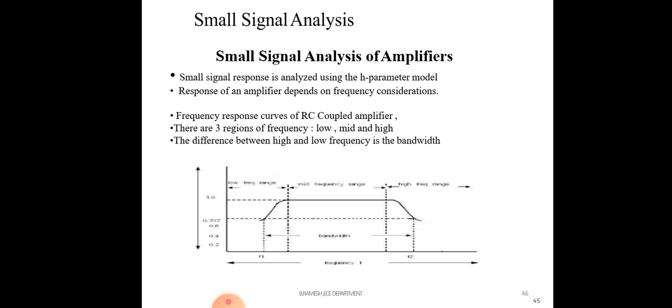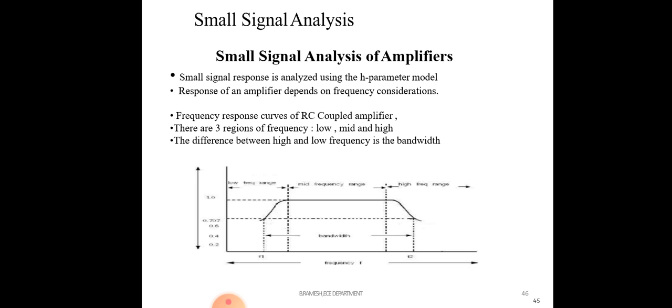When you apply a low signal or a high signal to the amplifier, it is called a small signal or a large signal. When you apply a small signal to a common emitter amplifier, single stage or double stage, the frequency response of this amplifier is called a small signal amplifier.